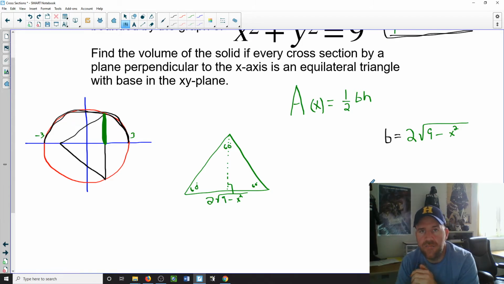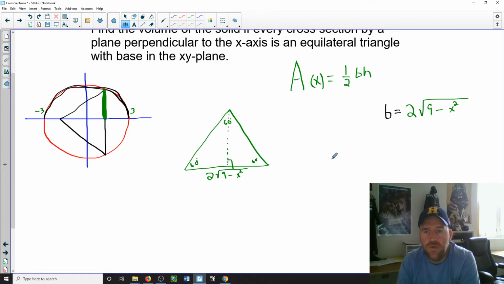So how do we find that height? Well, we talked about it two years ago in trig, and you would have done it in geometry. If I draw half of our equilateral triangle, we're bisecting one of the sides, so that is going to be the square root of 9 minus x squared. We have a 90 here, we have our 60 here, and then we cut the 60 degrees in half, so that's going to be 30.